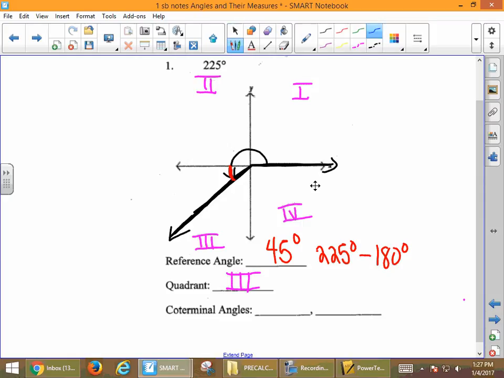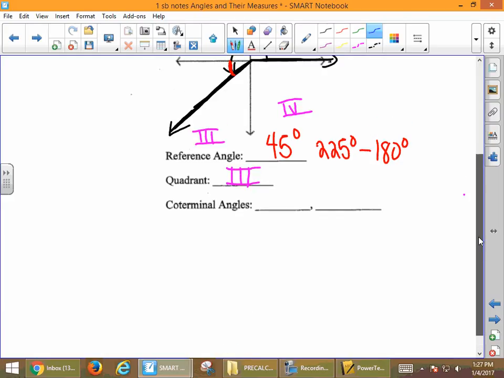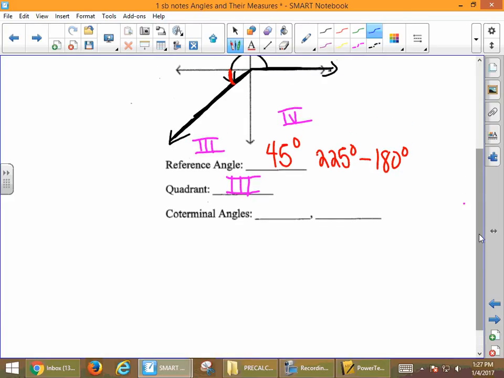Finally, what we want to know is values of coterminal angles. So what has to happen here is we can take the original angle, again, which was 225 degrees, and we can put a rotation in. To get a negative angle, we can subtract 360 degrees from that.